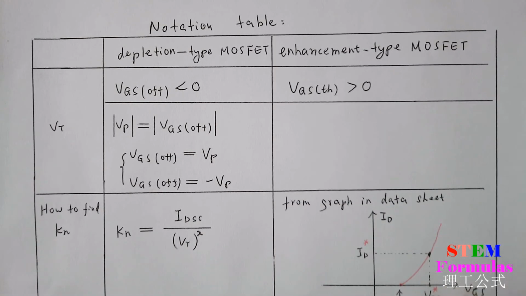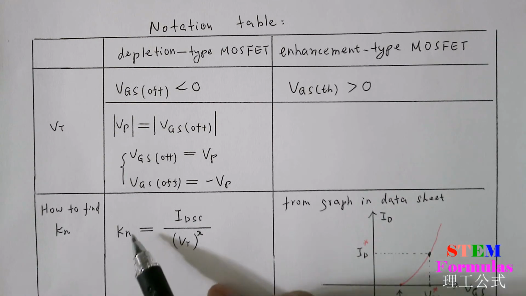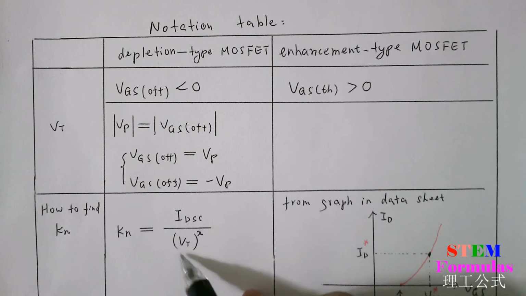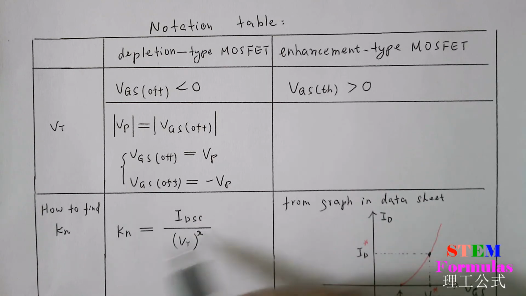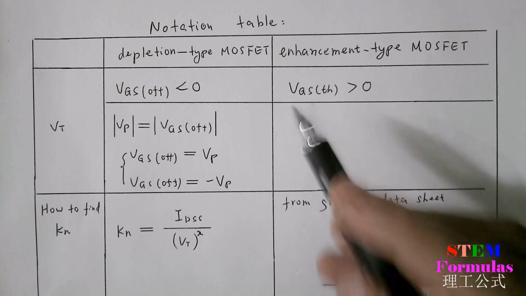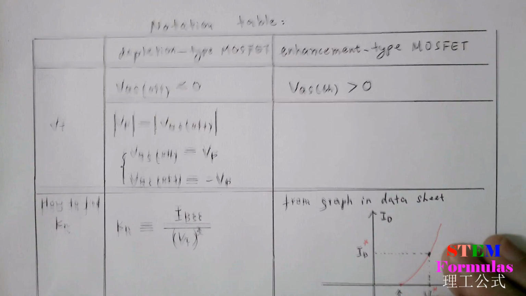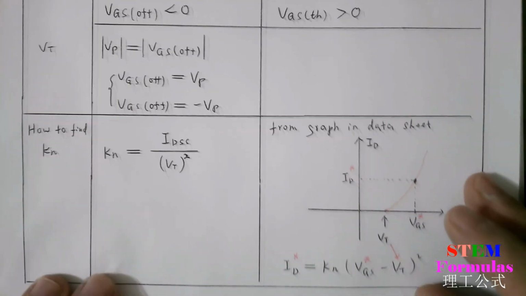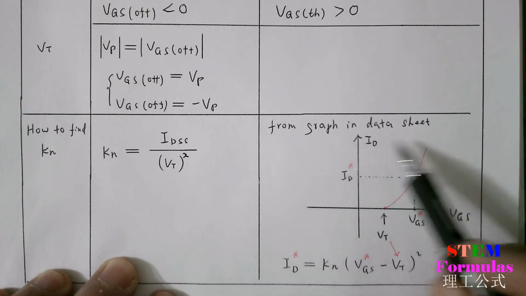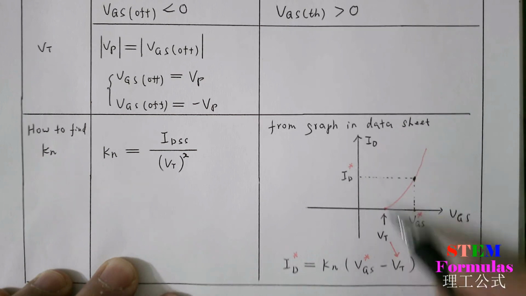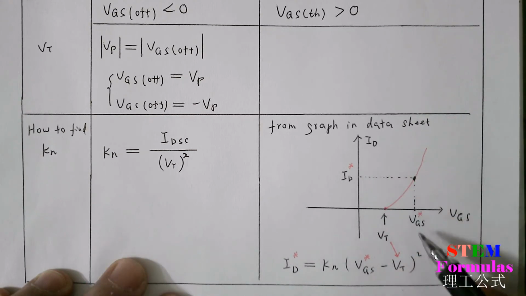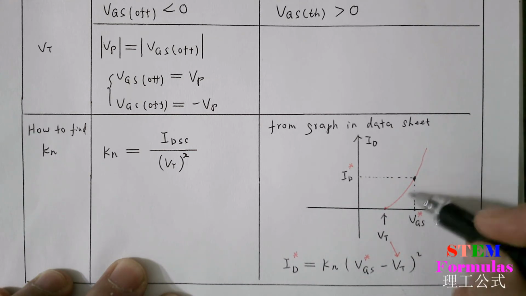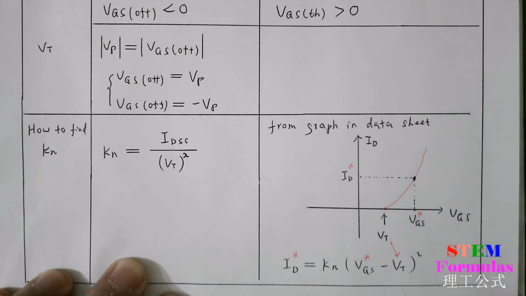Now, how to find Kn? For depletion type MOSFET, Kn is equal to IDSS divided by VT square. This is the formula to find Kn. But for enhancement type MOSFET, you can find Kn from the graph in the datasheet. They usually give you this type of graph, ID as a function of VGS, sometimes at different temperatures.